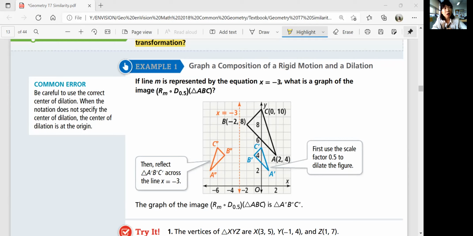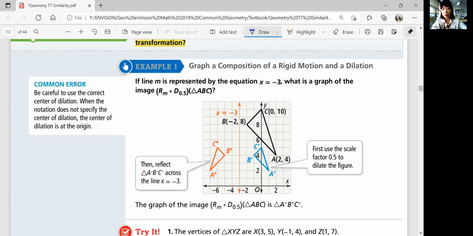So that's M. What is a graph of the image? Reflection over line M of dilation by a scale factor of 0.5 of the triangle ABC. So here we got a composition of a rigid motion and dilation.